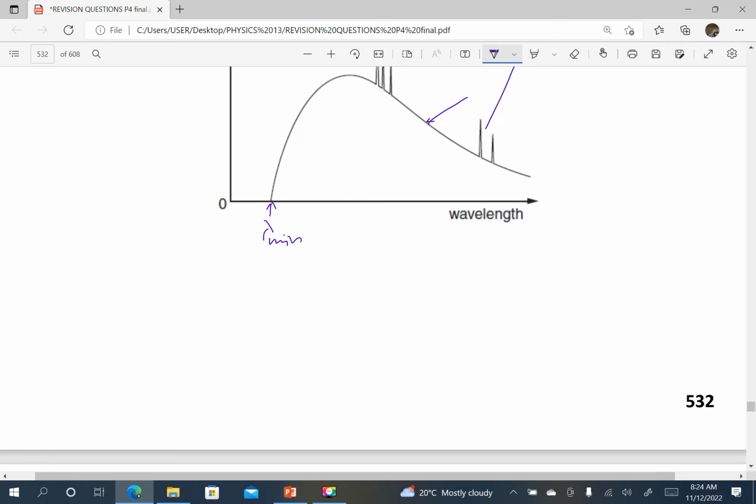So since we have different decelerations, we expect different photon energies. And remember, the energy of an X-ray photon is hf, which is hc over lambda. We expect different photon energies, different photon frequencies, therefore different photon wavelengths. This is what is going to give us a distribution of wavelengths.